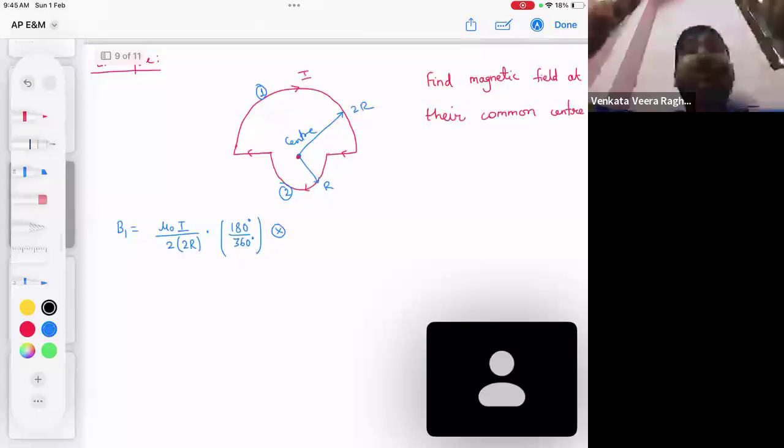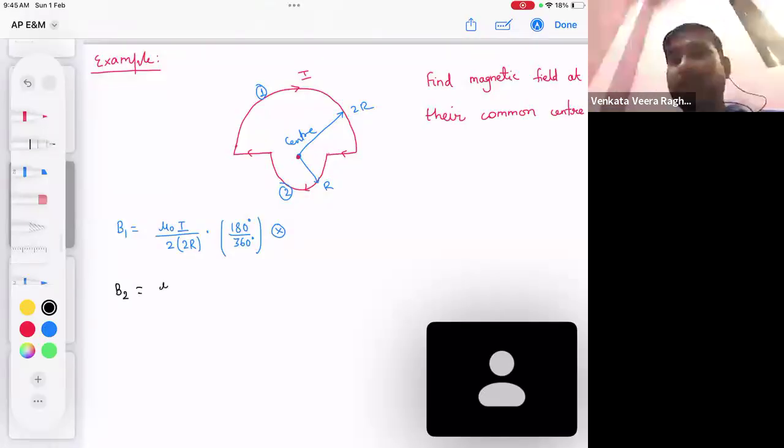Now if you want to calculate B2, how much will it come? Mu naught I by 2 times the radius r, and it is also a semicircle, so 180 degrees by 360 degrees. Direction is into the plane.